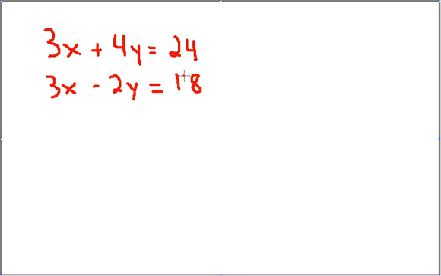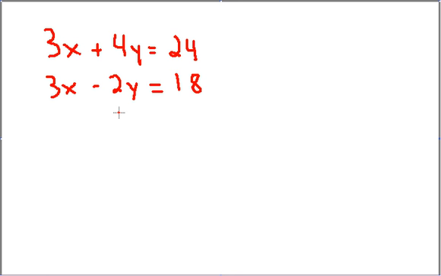3x plus 4y equals 24. 3x minus 2y equals 18. Well, if we add these together, 3x plus a 3x is going to be a 6x, and a 4y plus a minus 2y is going to be a positive 2y. That did not cancel or eliminate the x variable or the y variable. So we really can't solve this by adding at this point, because what we're trying to do is eliminate a variable.